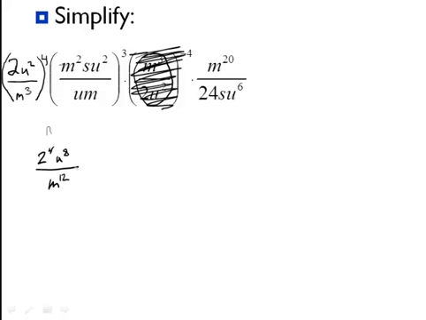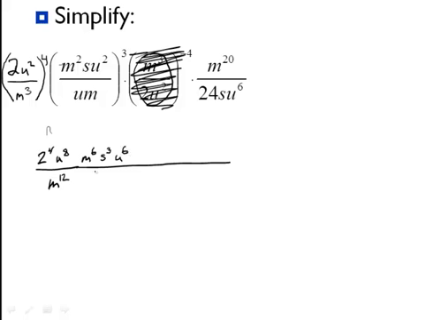A fraction times another fraction is just, we're going to extend this fraction, have one big fraction. m squared raised to the 3rd power is the total of m to the 6th, and then s to the 3rd power, and u to the 6th power.